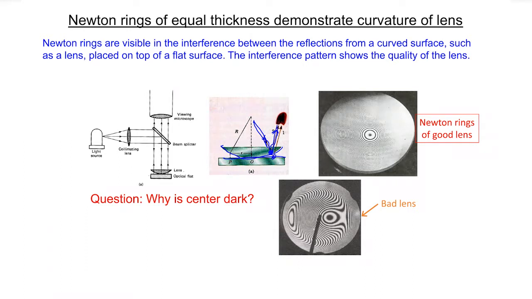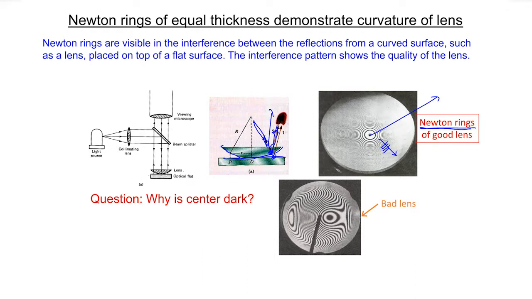And the third reflection from the top interface is typically far away, out of focus in the observation, and therefore not really visible. So what you typically see is an interference pattern comprising rings, where the spacing between the rings decreases with increasing radius. And these rings are called Newton rings.